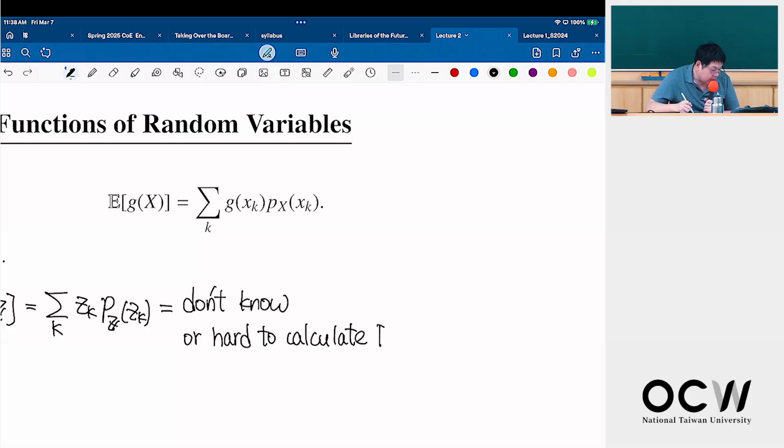The PMF of the random variable z. So what should we do?